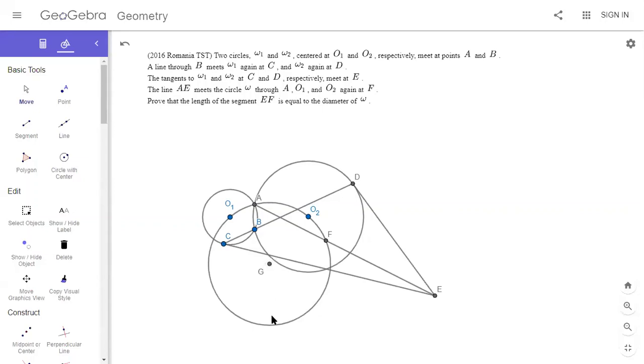Call it G. So by power of a point, we have ED squared is equal to EO2 squared minus this radius squared. And the same we could do with EC squared.